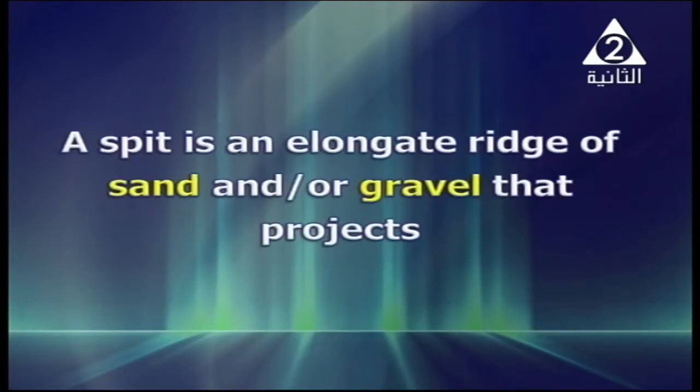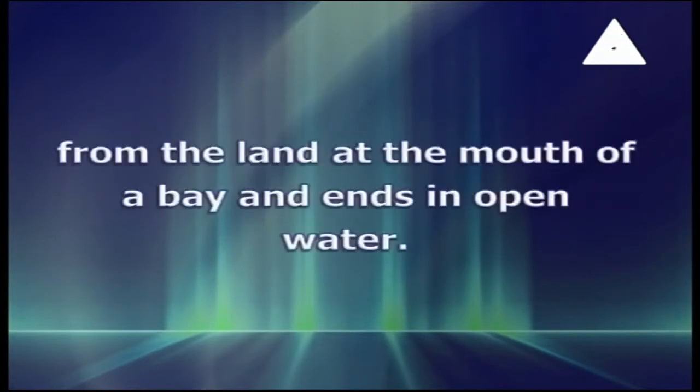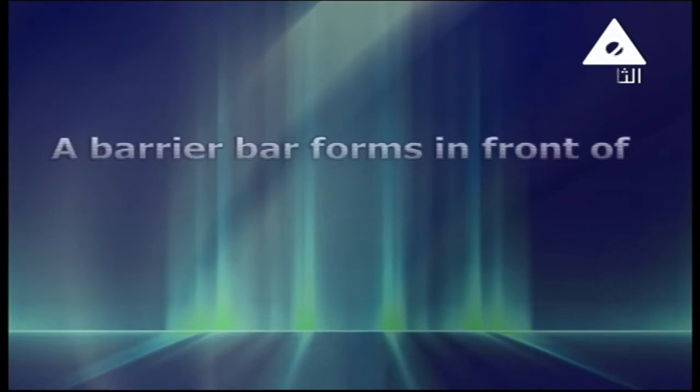My dear students, some deposits here are known by specific phenomena. We have a spit, which is an elongated ridge of sand or gravel that projects from the land at the mouth of a bay and ends in open water.